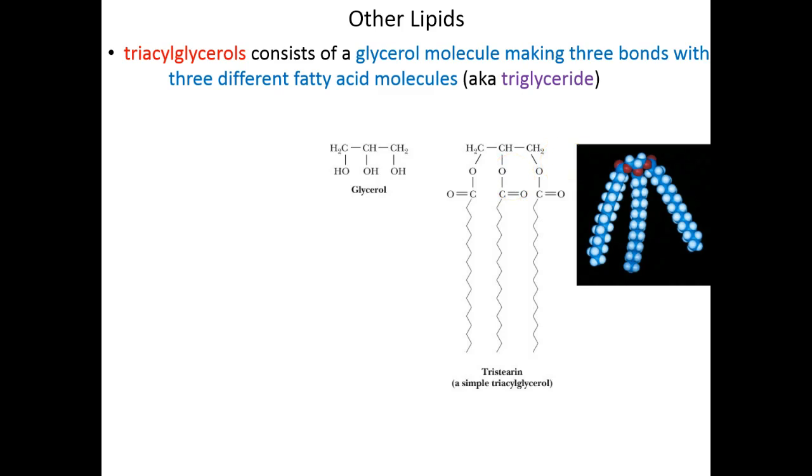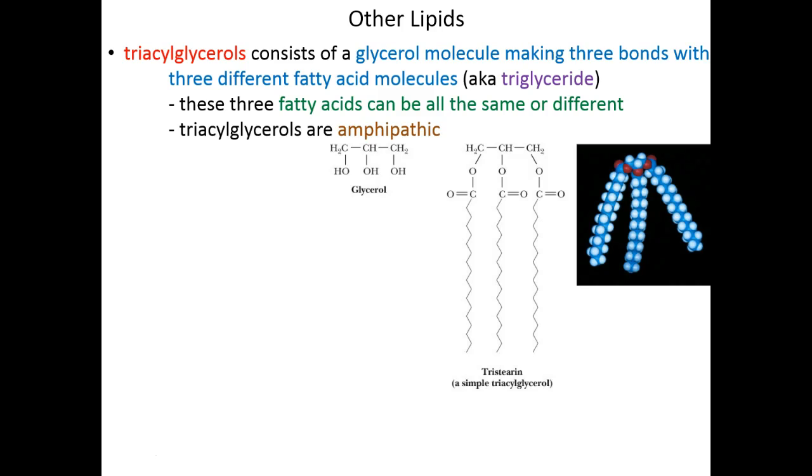Again, this is built on the glycerol backbone, but we don't have to create a molecule like this. We can create a molecule where all of the fatty acids are different. We can create a triglyceride where 2 of the fatty acids are the same and 1 is different. Regardless of how we mix and match these, triglycerols are amphipathic because we have a very hydrophobic backbone.